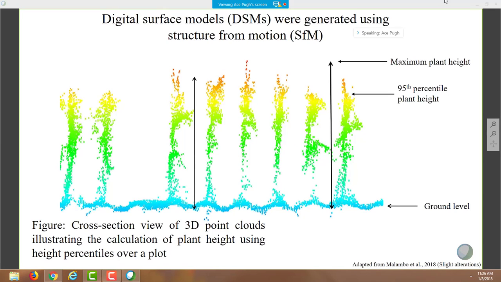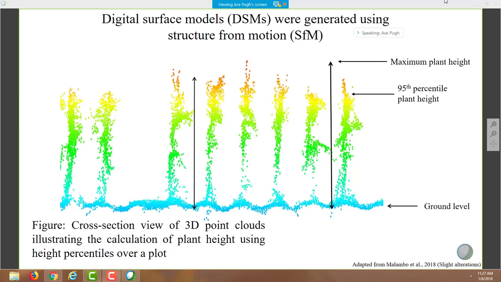So basically, from the digital surface models that were generated, you have this 3D point cloud of each plot. The percentiles are the amount of that point cloud that was used for the height estimate. The maximum measurement is basically all of the points in that point cloud making up your height estimate, while the 95th would be the 95th percentile of that point cloud being used.